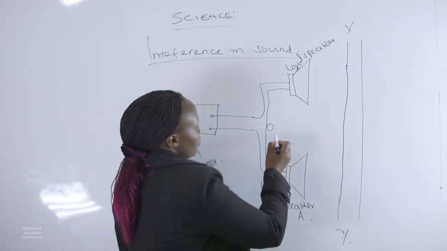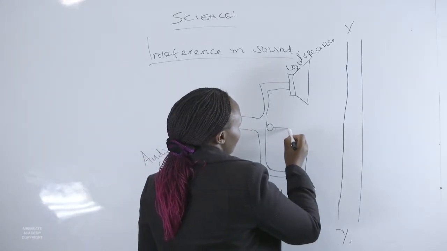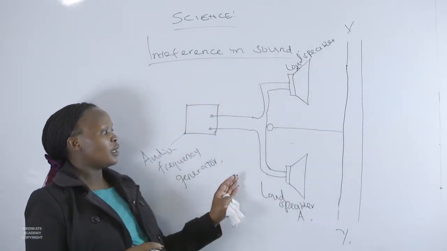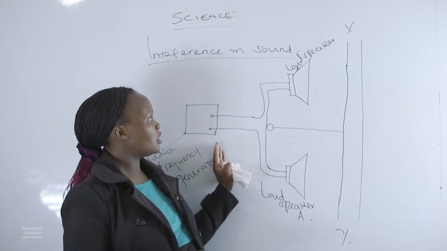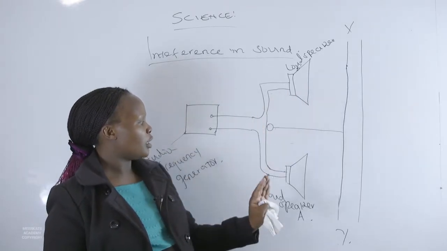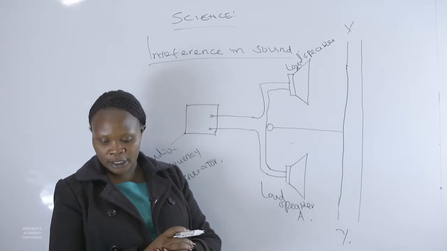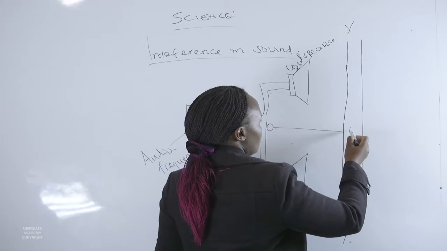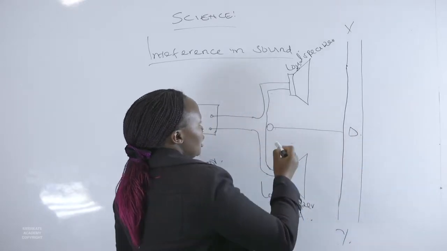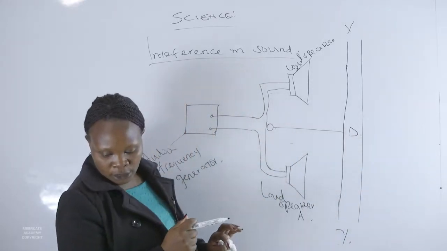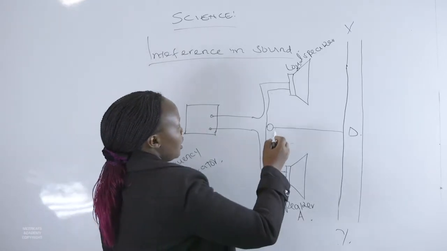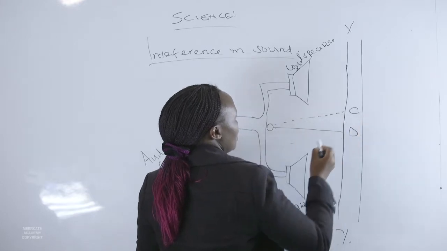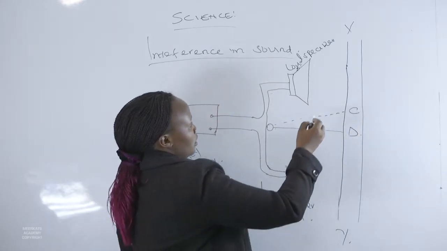Now, there is one point here where we have an equal distance from the generator to loudspeaker B as well as to loudspeaker A. That is our point of reference, and we are going to call it D. From there, you will experience a soft sound.